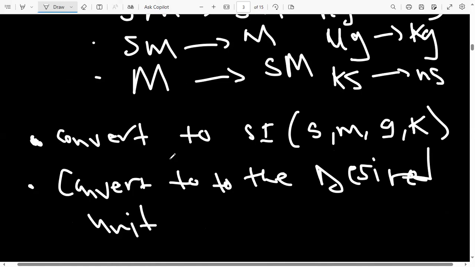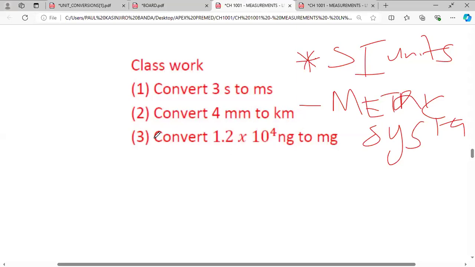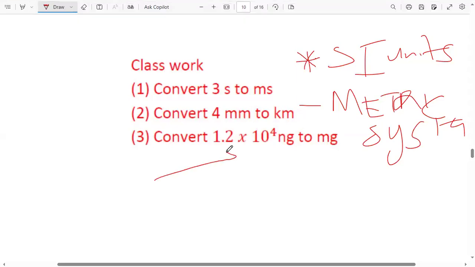So I'll have an example here. Let me get an example from those questions. This is a good example of the third category. Let's get the number 2. We are saying convert from 4 millimeters to kilometers.